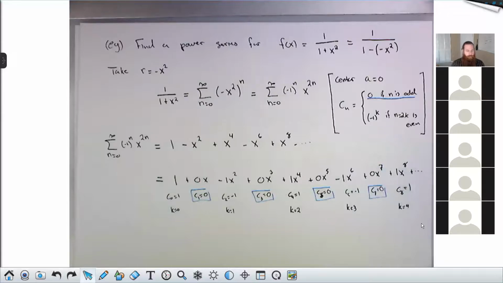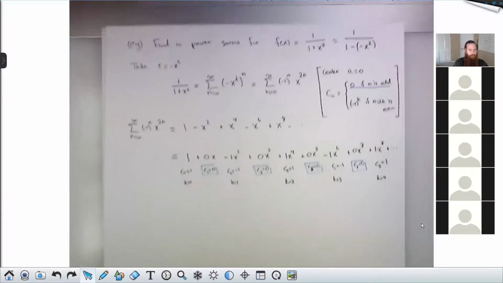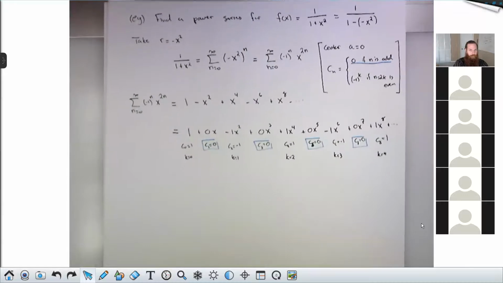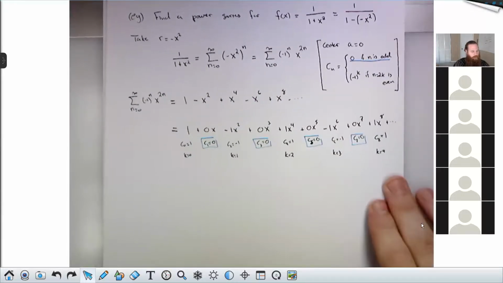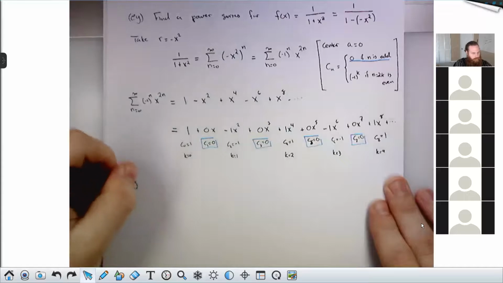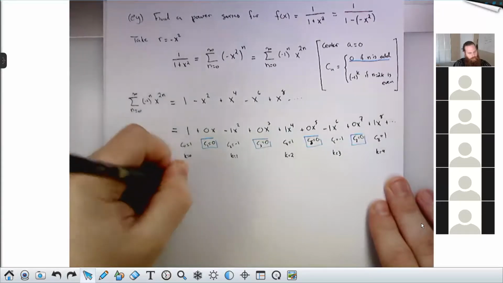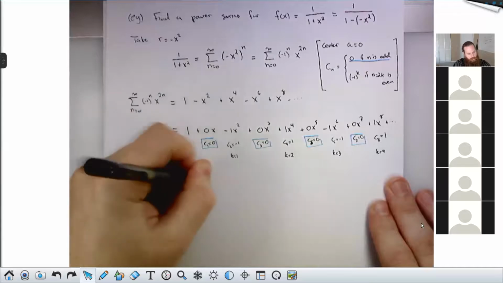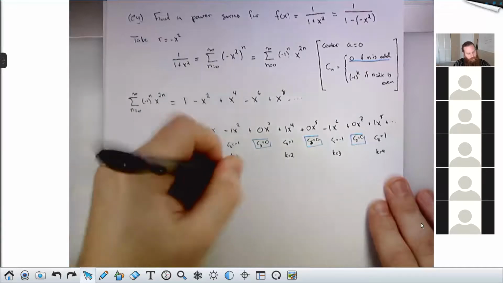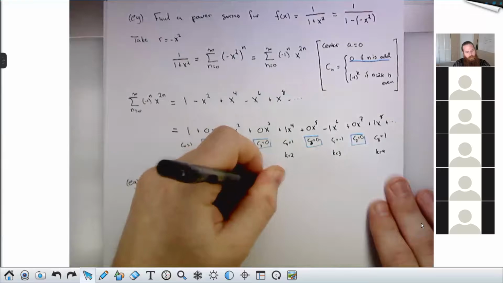I want to do one more. This next one, we're not going to cook it up from scratch. I'm going to call the function g of x this time.